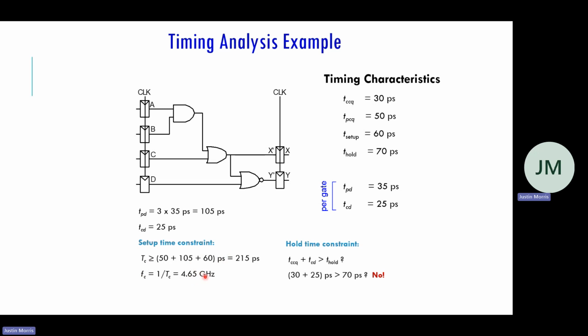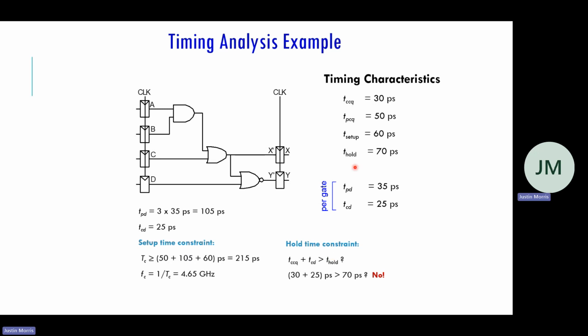And the second thing that we need to ensure is that our hold time constraint is also satisfied. So for our hold time, we have to make sure that the contamination clock to Q plus the contamination delay of the combinational logic is greater than the hold time, right?